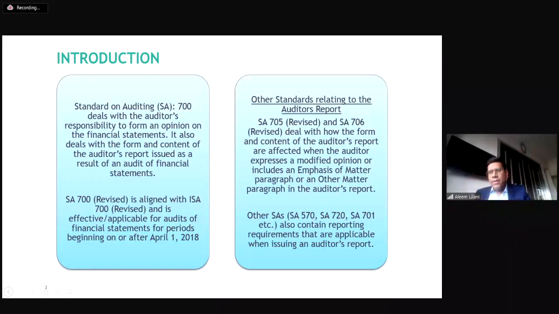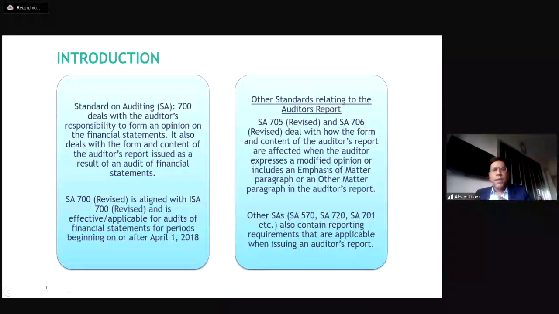There is no other interpretation of the opinion para. Whatever has to be said goes in a separate para, and that para also needs to have a title. So it has to be a basis for qualified opinion para, a basis for adverse opinion para. The title itself indicates the matter inserted in the para. So there is no ambiguity.